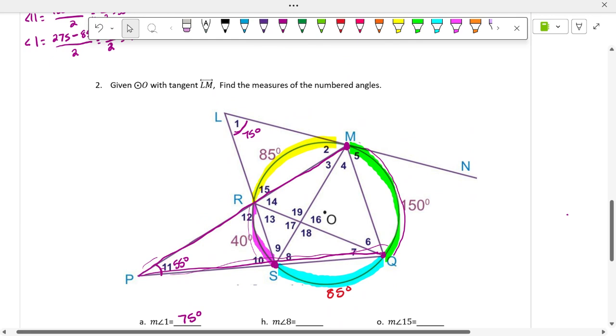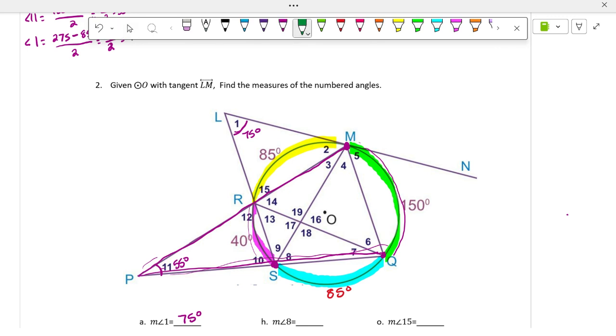Let's move on to bow tie. So name me one angle that's a bow tie, and how do I find it, Lanaya? Say again. So what number in here is a bow tie? 17 is. Good. Now, 17 has to be congruent to which angle? 16. So look at the two arcs for both of those. So we do A plus B over 2.